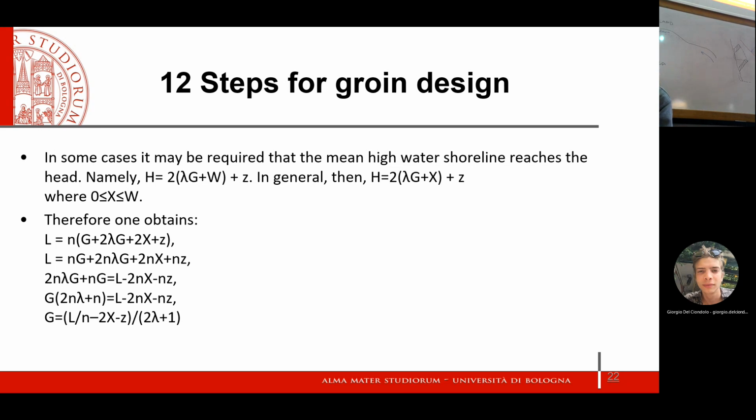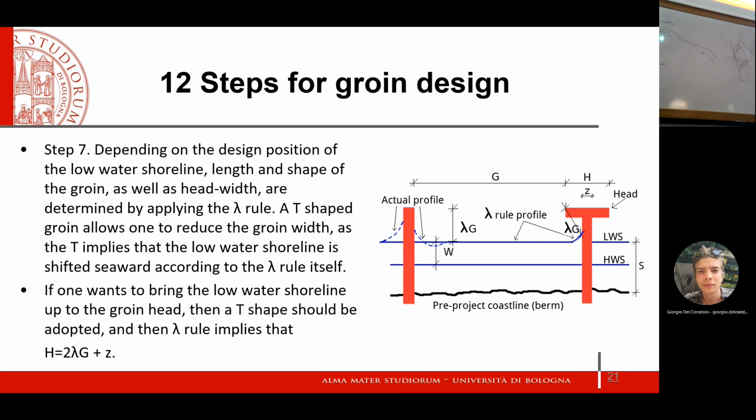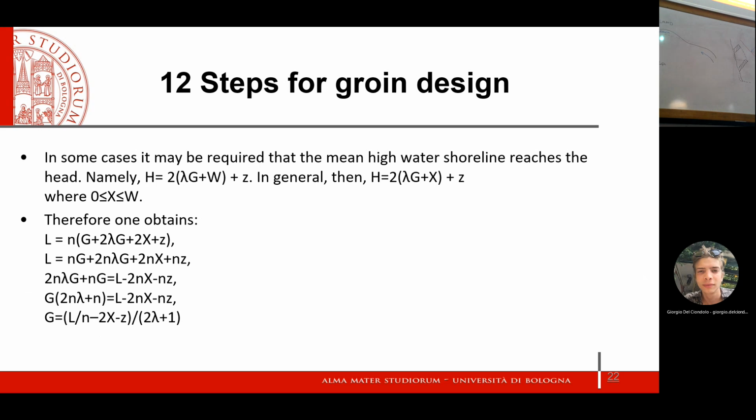So we have to add W to the quantity lambda g. So if we rewrite the previous expression by writing, instead of lambda g, lambda g plus W, we obtain precisely this condition.